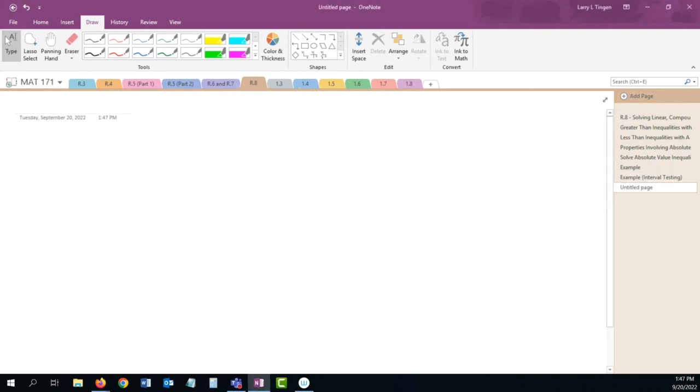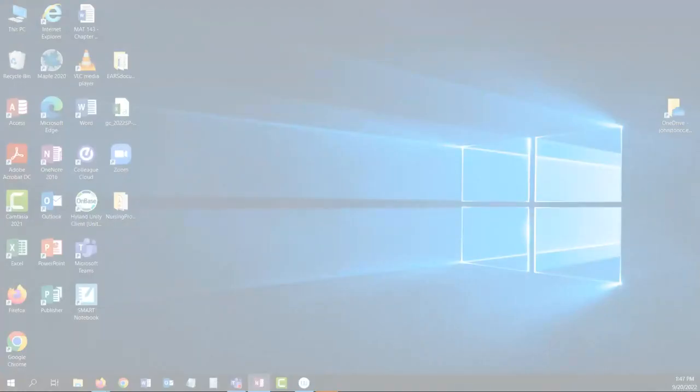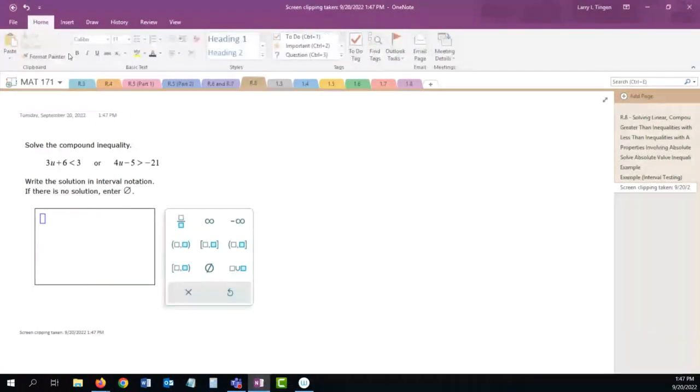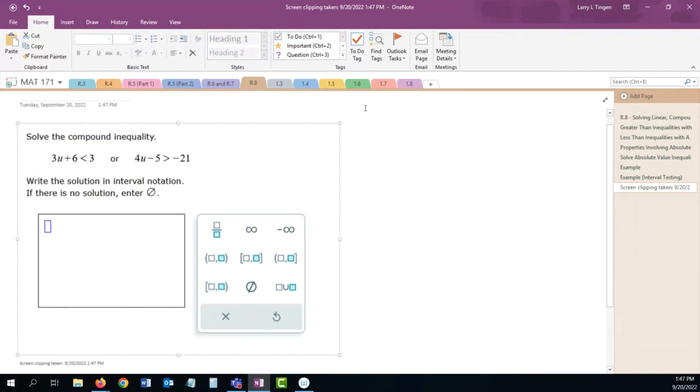And what I'm going to do is I'm going to paste the question over so everybody can see it. Solve the compound inequality. 3u plus 6 is less than 3, or 4u minus 5 is greater than negative 21. Write the solution.